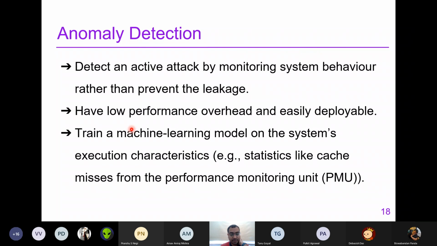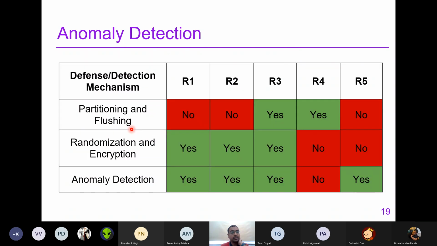Some system parameters, for example cache misses, will be measured using a performance monitoring unit. This will be given as input to the machine learning model, which will try to identify abnormal change. Anomaly detection has only one problem: it has high false positives.